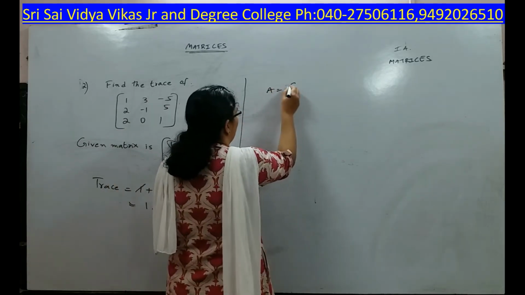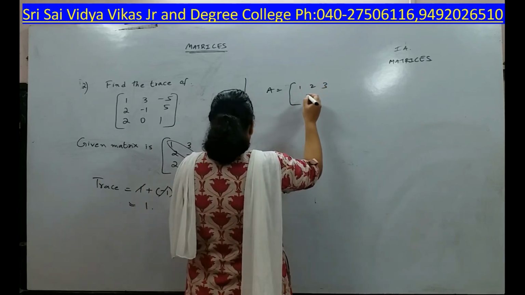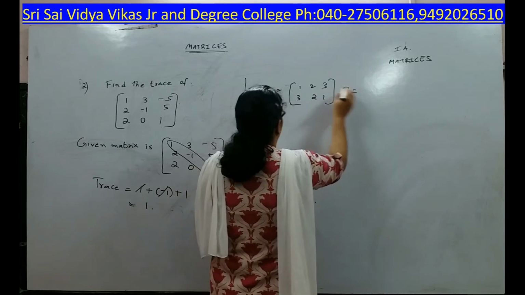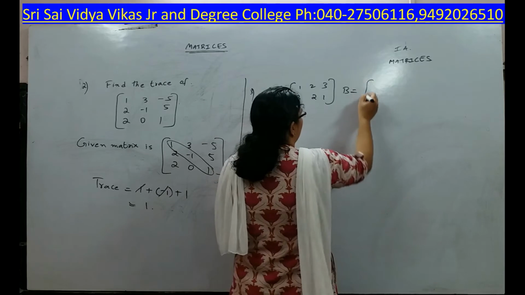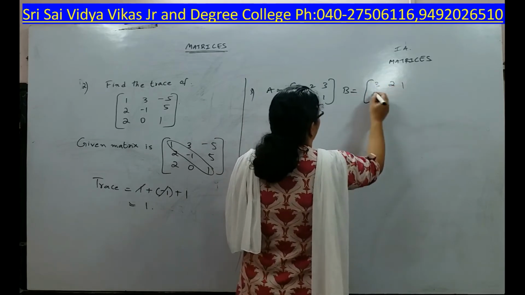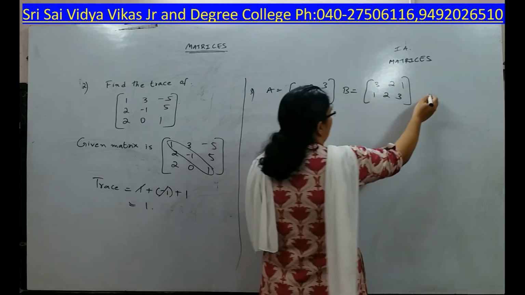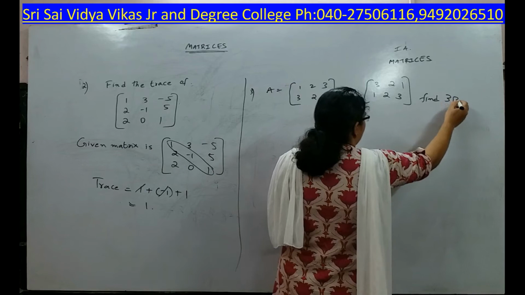A is equal to 1, 2, 3; 3, 2, 1. B is equal to 3, 2, 1; 1, 2, 3. Find 3B minus 2A.